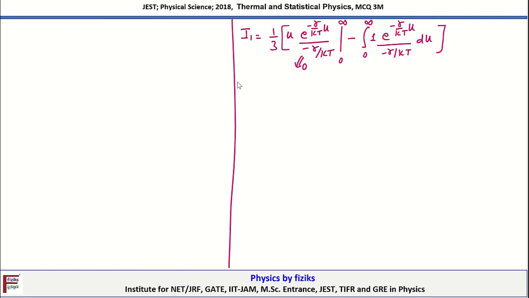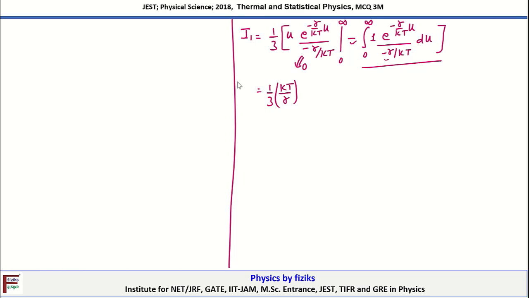So ultimately this will contribute 0. So I1 will be equal to 1/3. This minus and this minus will become plus, so 1/3 into kT upon gamma, and then the integral of exponential minus gamma by kT u du.